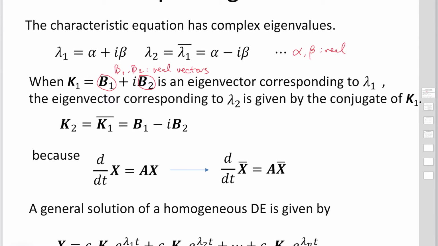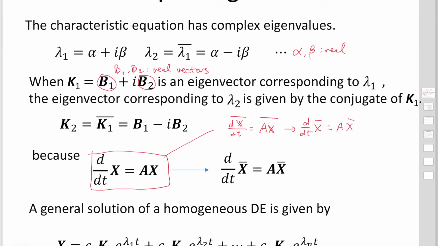Because consider the homogeneous equation: if you take the complex conjugate of both sides, t is a real number, so this equals d/dt of the complex conjugate of x equals A times the complex conjugate of x, since A is a matrix with real components. If x is a solution of the differential equation, the complex conjugate of x is also a solution.